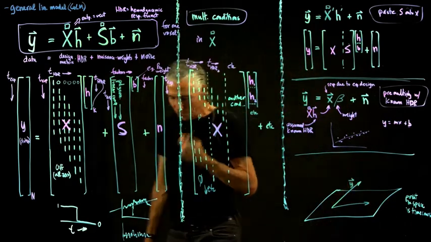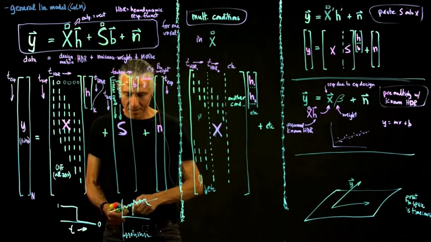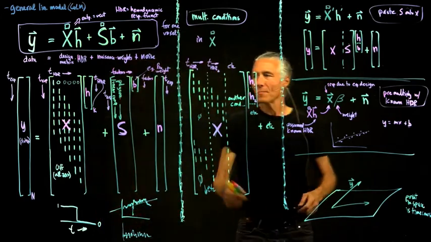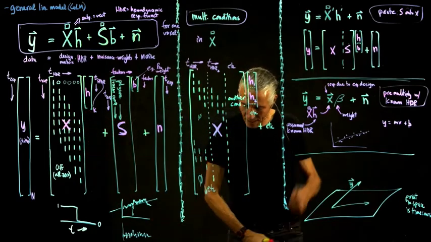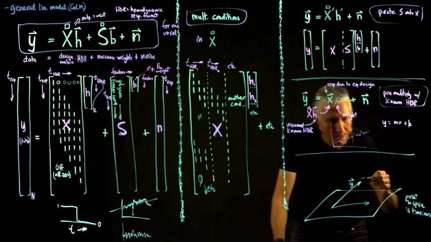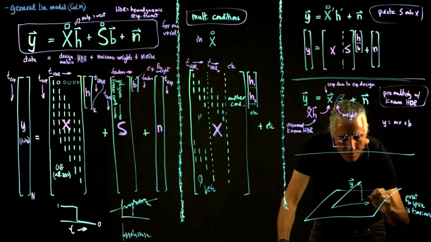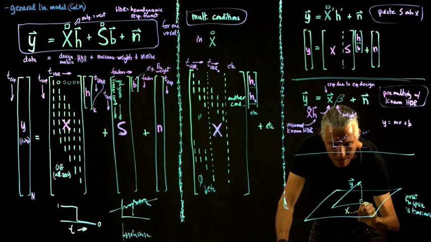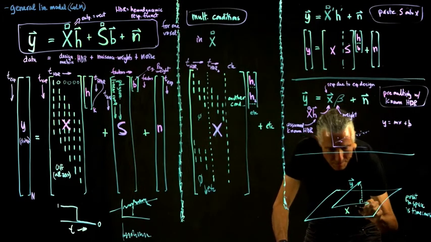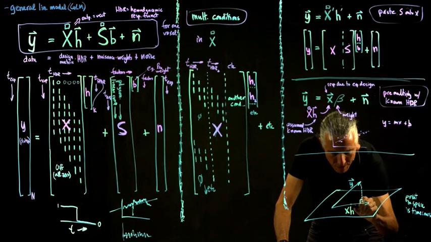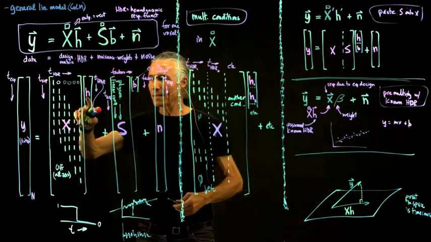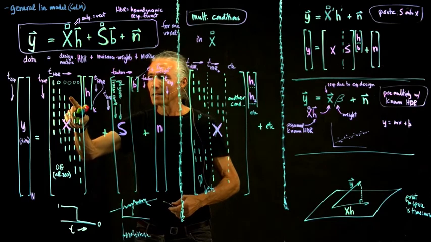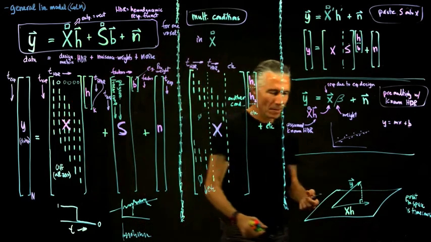Now what we want to do is say, if we multiply this X matrix times our hemodynamic response function, which we solved for, then we get a vector.